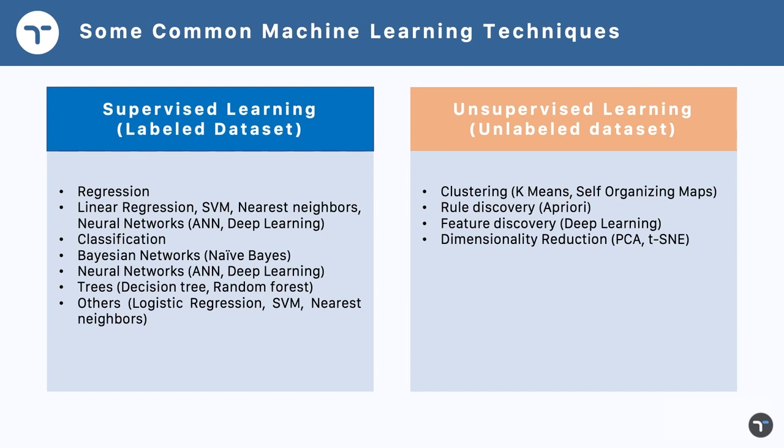That is an example of clustering. A similar approach can be done for feature discovery. I have a bunch of data, and I just want to find out which parts of all the different dimensions of the data are the most important.